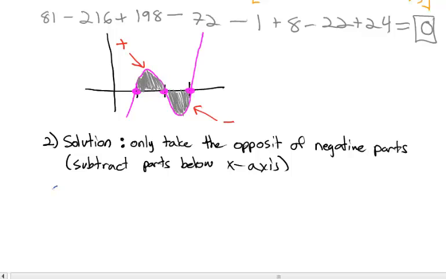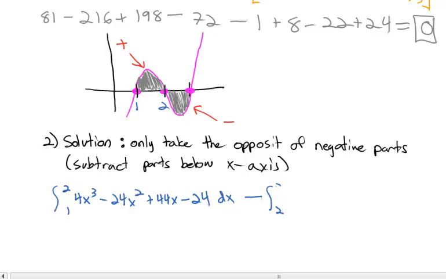So in other words, we've got this range here. When we take our integral, we're only going to do the integral from 1 to 2 of our function, which was 4x cubed minus 24x squared plus 44x minus 24 dx. And then we're going to subtract the negative part. The negative part was the integral from 2 to 3.